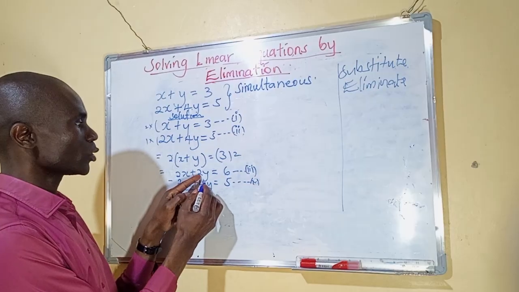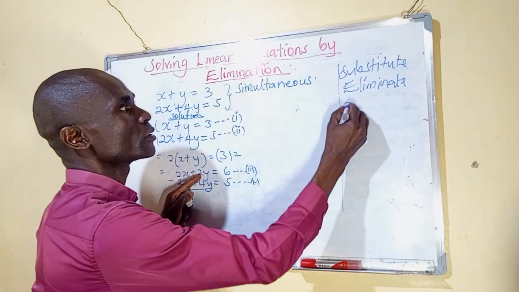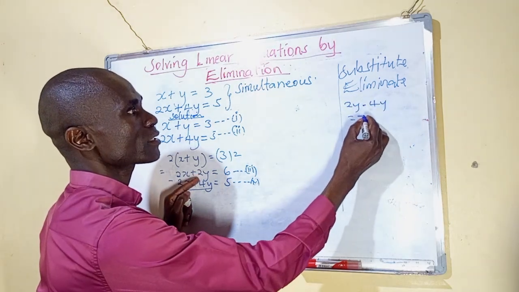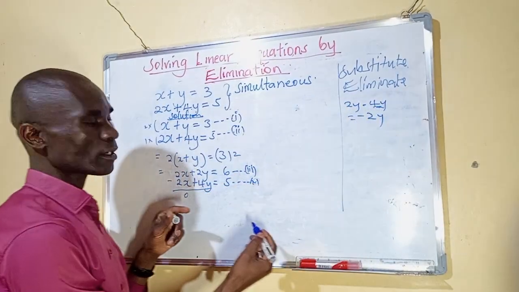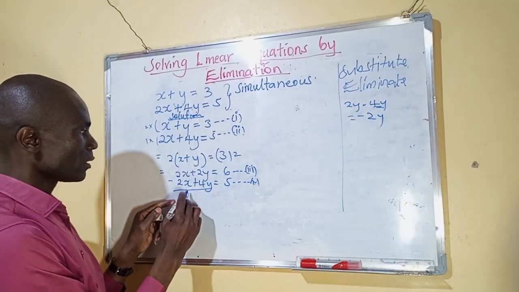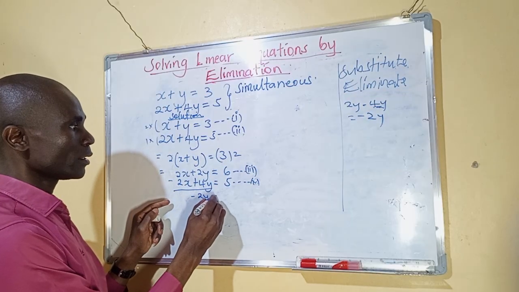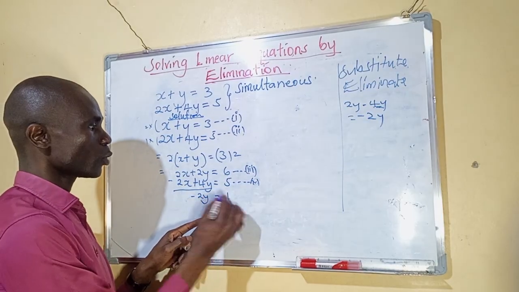Then we have 2y minus 4y, which gives us negative 2y. It's negative because 4 is greater. So this gives us negative 2y = 6 minus 5, which is 1.